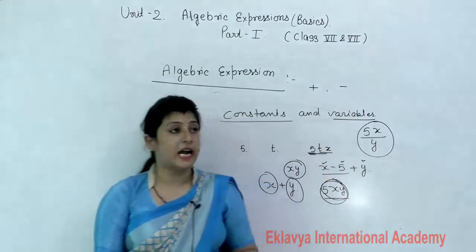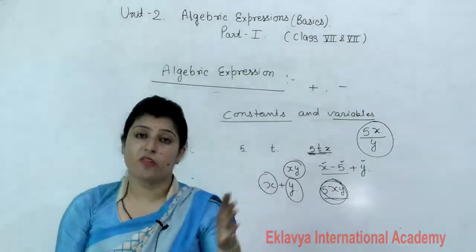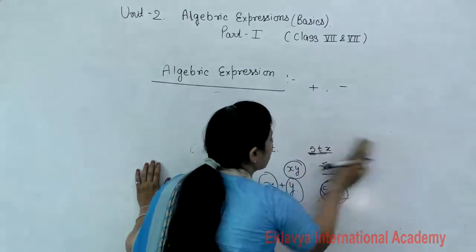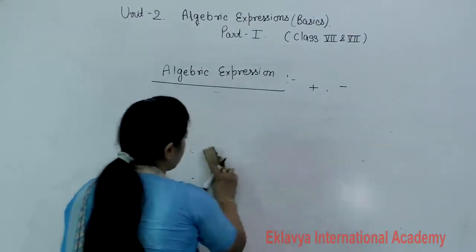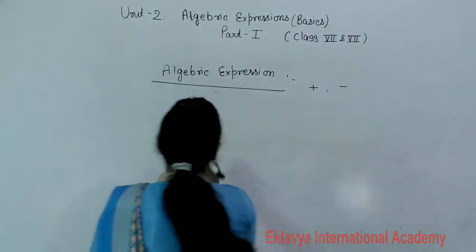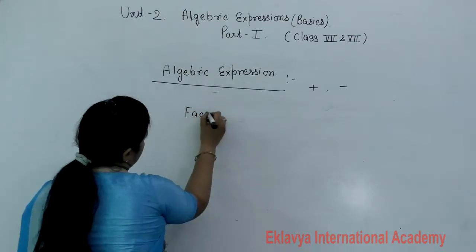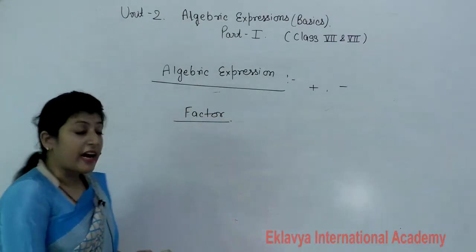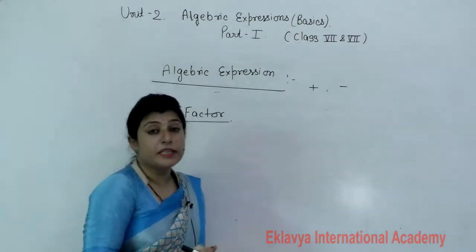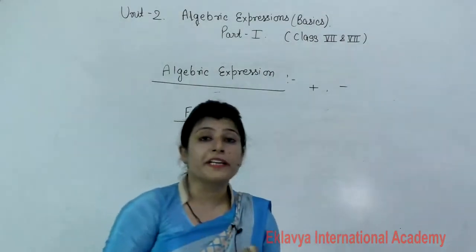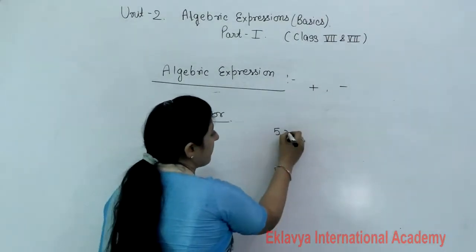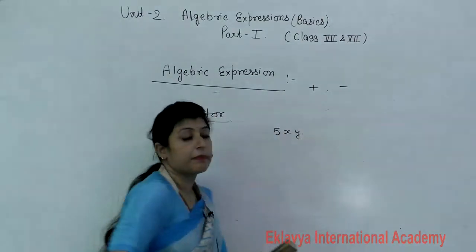So we described constant, variable, terms. Now the next thing, factor. Factors are the constants or variables that make up a term. Suppose I write down 5xy.